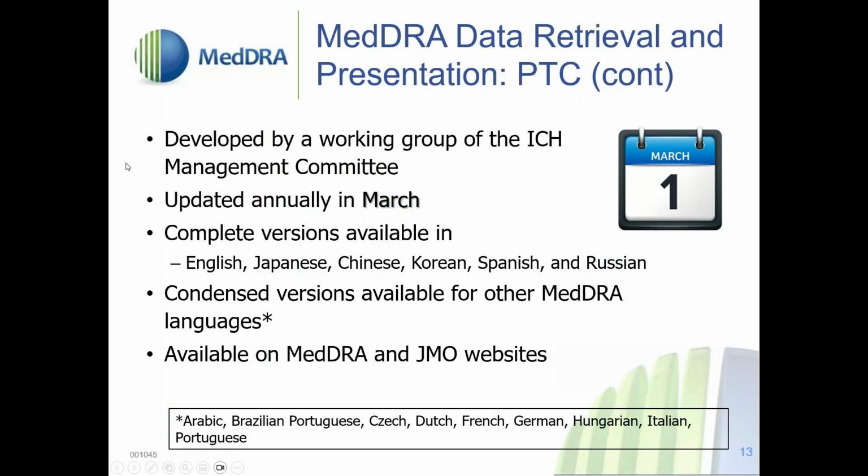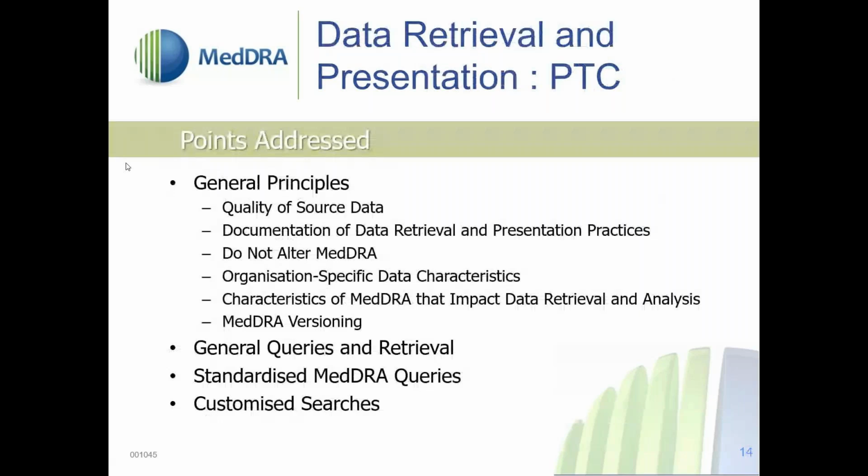This is what the data retrieval and presentation PTC document addresses. So there are some general principles which we discussed in more detail in the webinar from last week, as well as general queries and retrieval. And then today we will focus more on the standardized MedDRA queries and the customized searches.